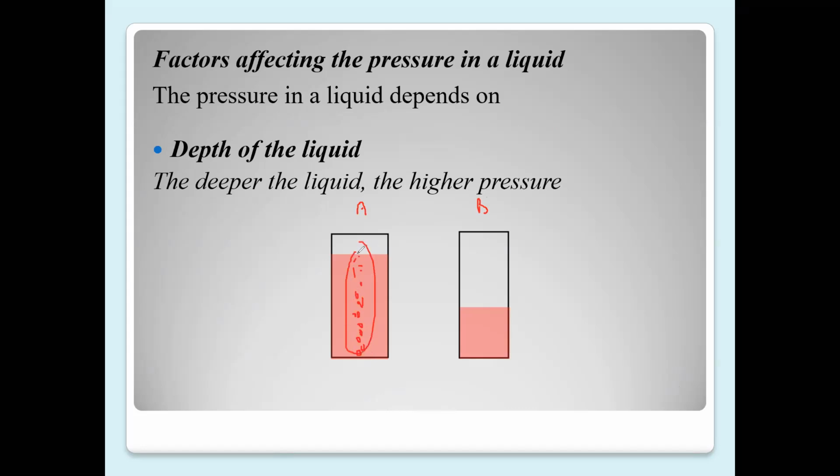As there are more particles above, they will apply high pressure. But at smaller depth, fewer particles are above, so they will apply less pressure. So A will apply more pressure, B will apply less pressure. So pressure exerted by the liquid depends on the density of the liquid and on the depth of the liquid. Is it clear?